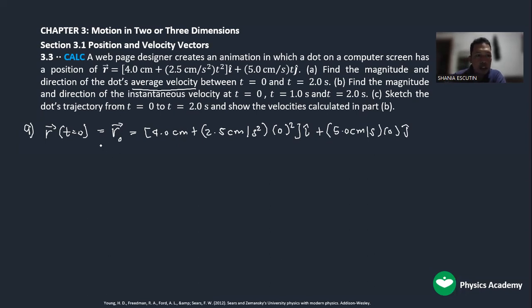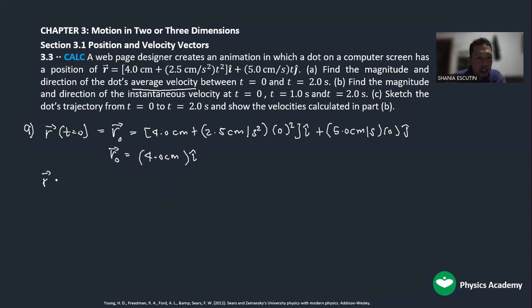So when t is equal to 0, our position r sub o is just equal to 4.0 centimeter i hat, or 4.0 times 10 to the negative 2 meters i hat.